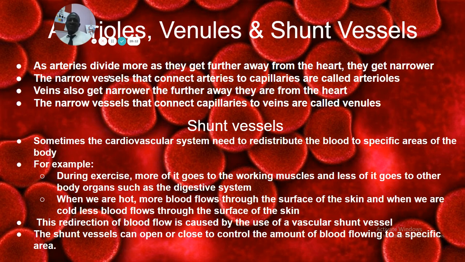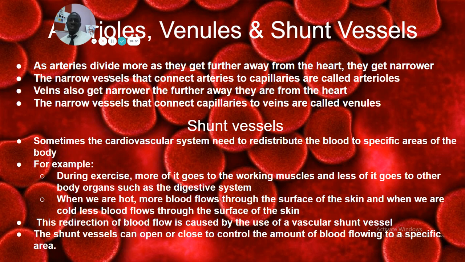Sometimes the cardiovascular system needs to redistribute the blood to specific areas of the body. For example, during exercise, more of it goes to the working muscles and less of it goes to other body organs such as the digestive system.